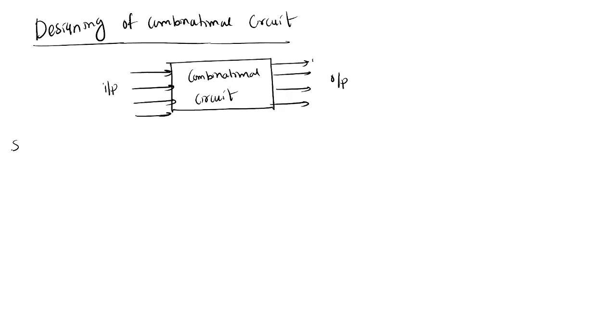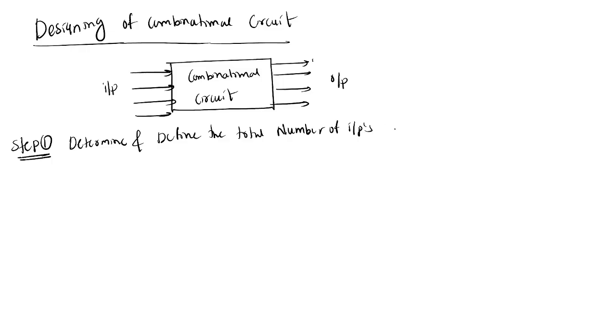There are some steps. Step one: determine and define the total number of inputs and outputs of the circuit.